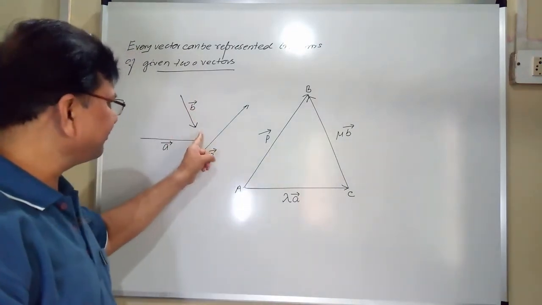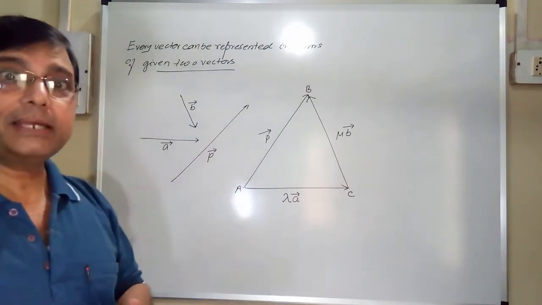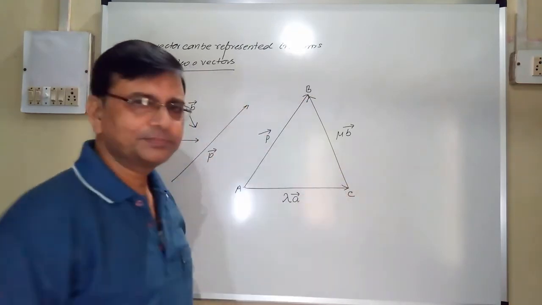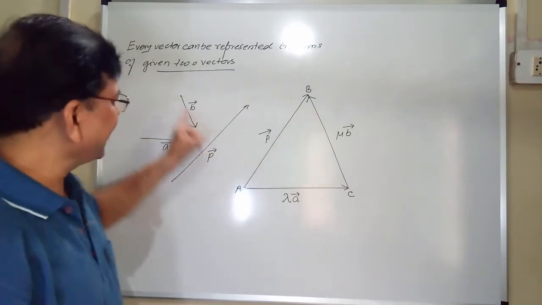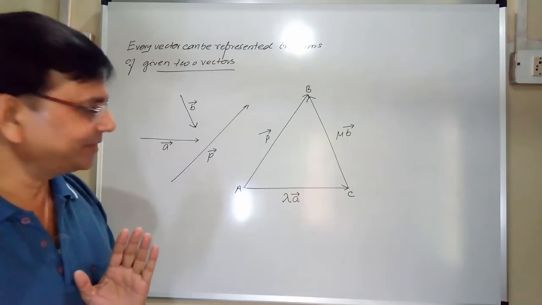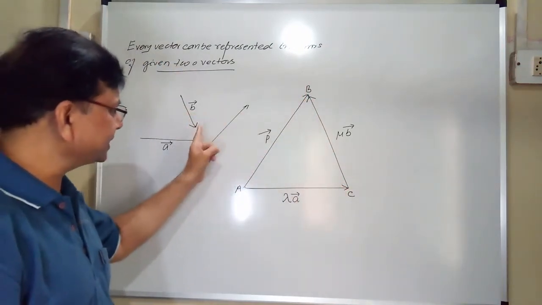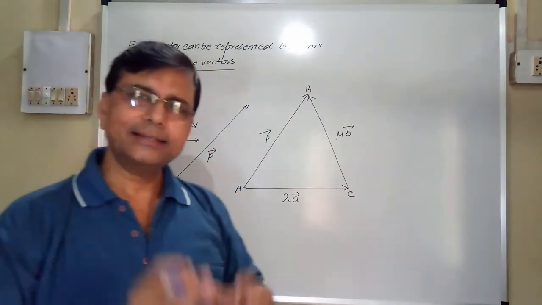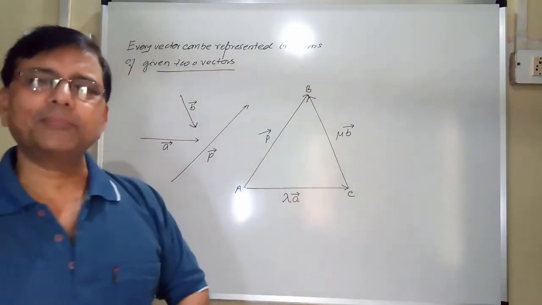Once this is positive, then this direction will be negative. But that will be a scalar multiple, because the magnitude is more. That too I will explain separately, then things will be clear. So since I had made the direction this, that is why I am continuing with that direction, isn't it? So only the direction is changing, the opposite direction. If it is positive, then this will be negative, but that negative quantity is still a scalar quantity. It means this will also be a scalar multiple of B.